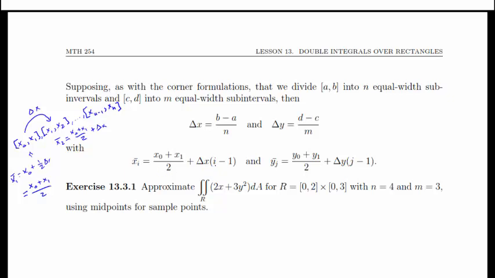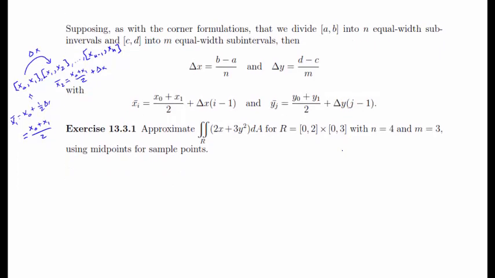If i is 3, we'll add 2 delta x's to the midpoint of the first interval, and so on and so forth. And then similarly for our y midpoints, the average between y0 and y1 over 2 gives me the midpoint for the first y subinterval, and then we add delta y for each successive j value to get to the successive midpoints of each subinterval.